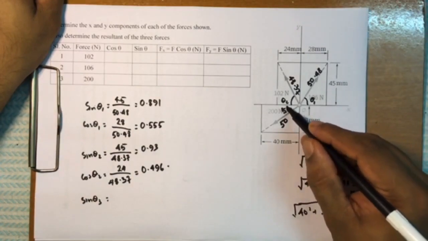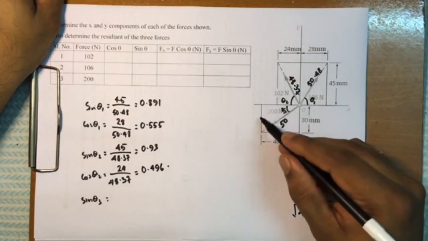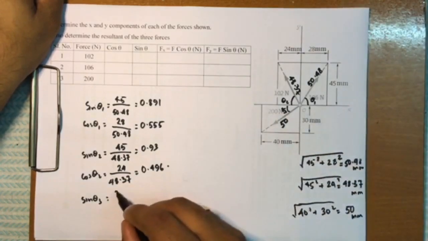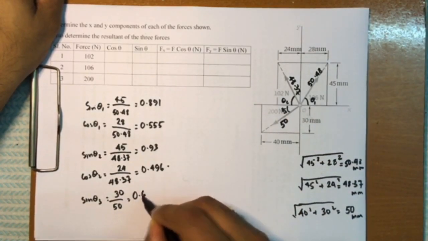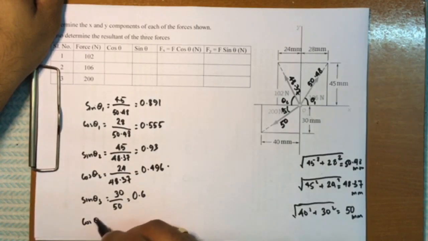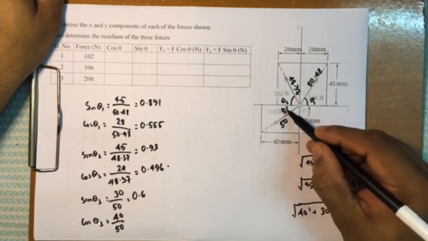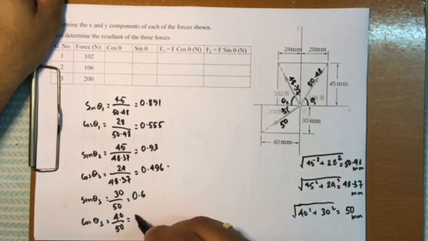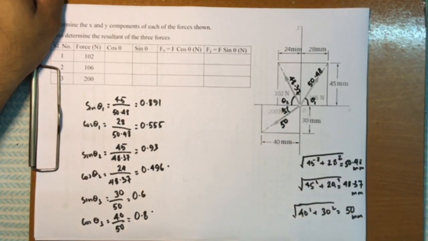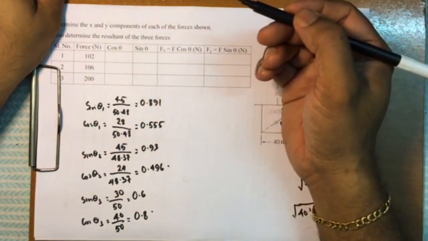This is the theta 3 that I have defined, so the opposite side is 30 divided by 50, which will be 0.6, and cos theta 3 will be 40 by 50, the adjacent side being 40 mm, which will be 0.8. So keeping that in mind, let us fill these values.